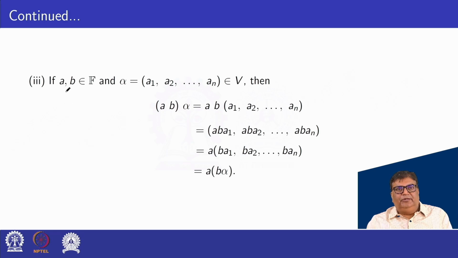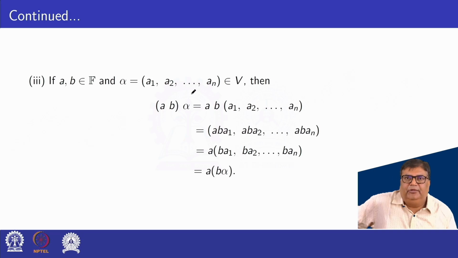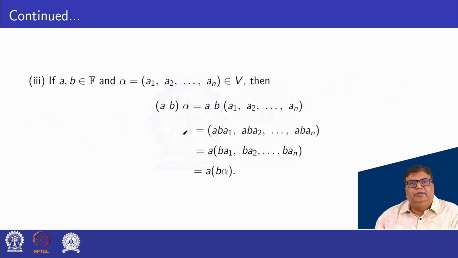Third property: if a, b belonging to F and alpha equal to (a1, a2, and so on, an) belonging to V, then (ab) alpha equals ab into the n-tuple (a1, a2, and so on, an). So (ab)a1, (ab)a2, and so on, (ab)an can be written.